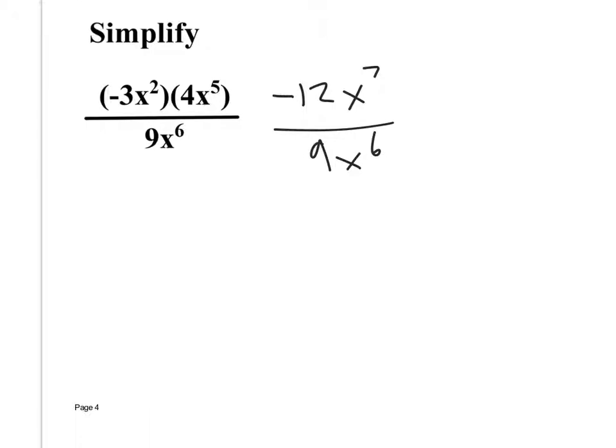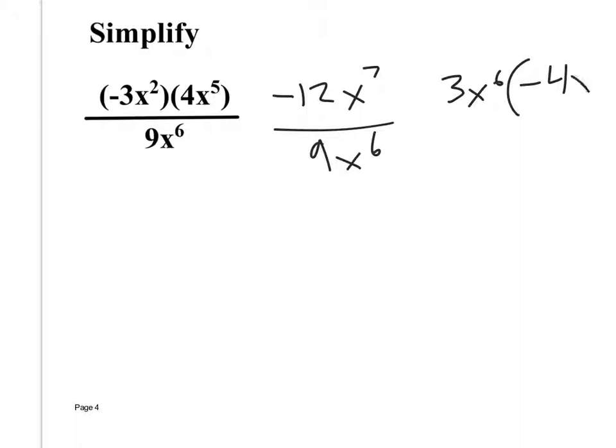Once you have that, now what you should do, and that's not something I'm going to make you do, but because usually you can do it in your head, is ask what can I factor out of both of these? So I'm going to factor out 3x to the 6th, because it comes out of both the top and the bottom. If I took 3x to the 6th out of negative 12x to the 7th, what's left?